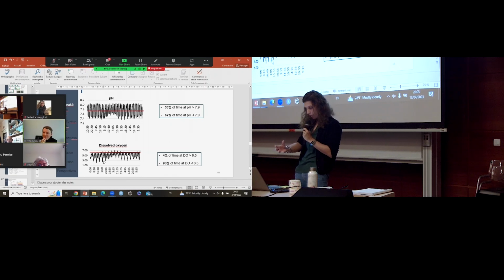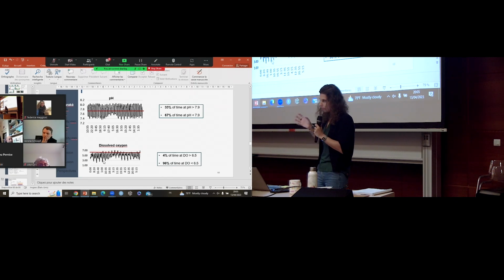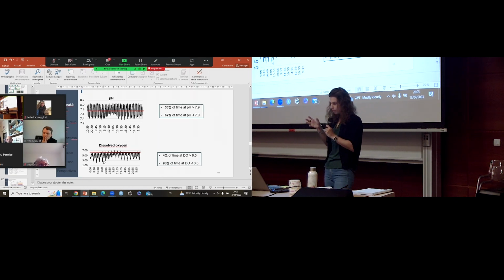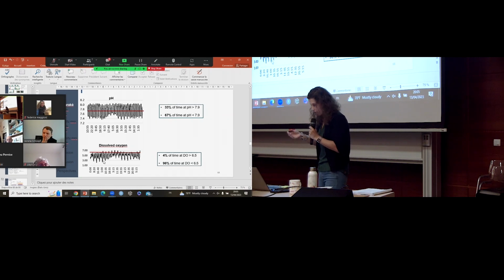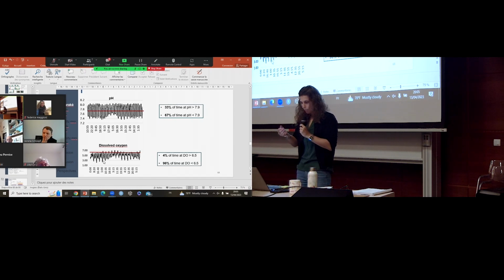Due to the fact that they are exposed to these conditions 100% of the time, they develop mechanisms to cope with low oxygen and also hypoxia. For example, I don't know specifically in corals, but for sponges, there are some papers that say that low oxygen, so hypoxia, is not a problem for the sponge.